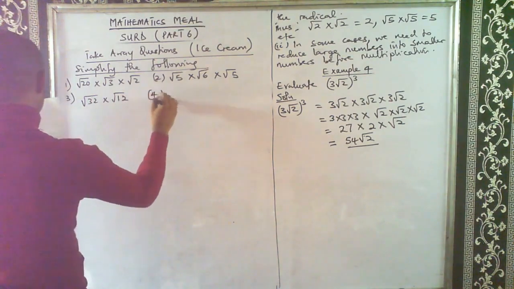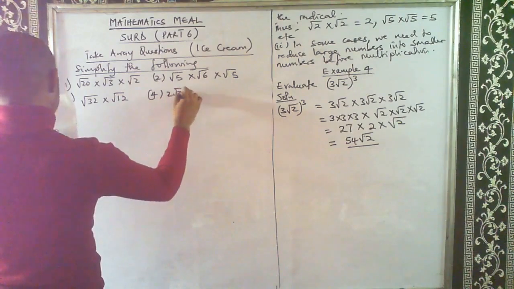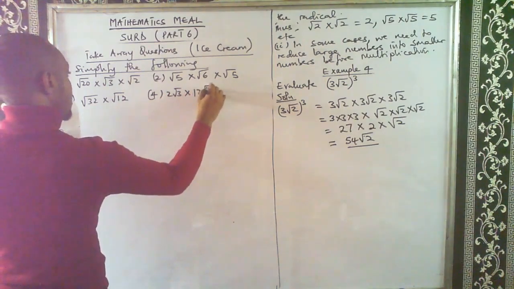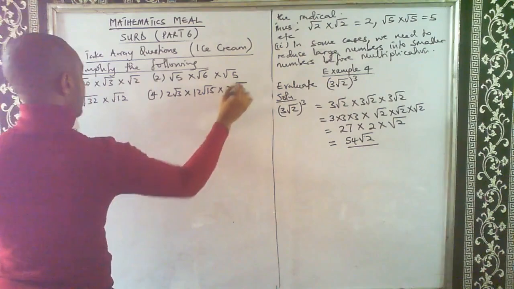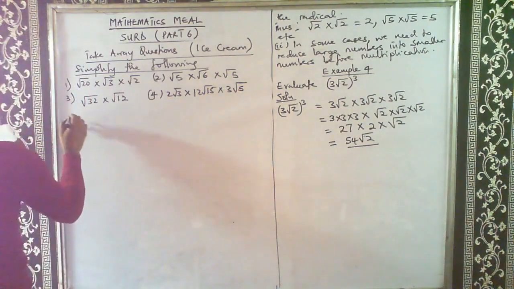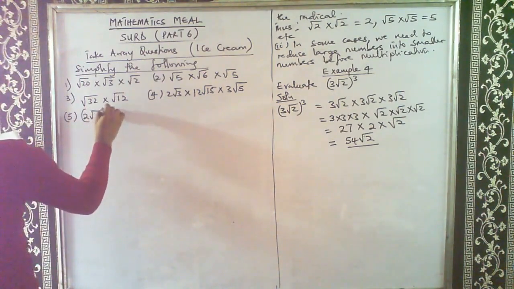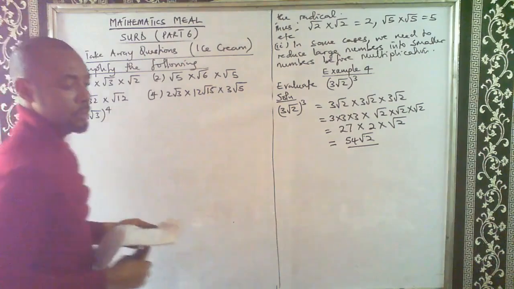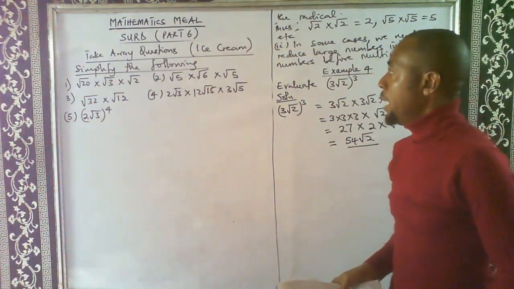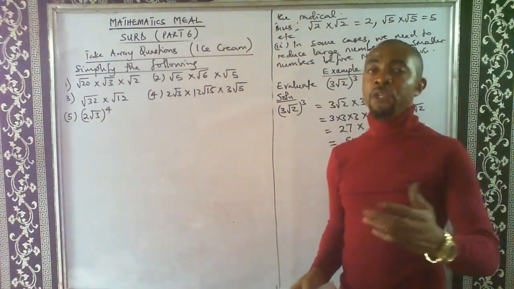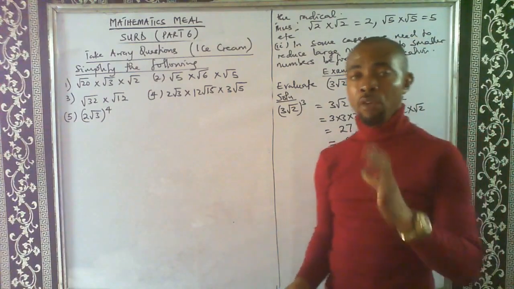Number 4: 2 root 3 times 12 root 15 times 3 root 5. Then finally, number 5: 2 root 3 all raised to power 4.